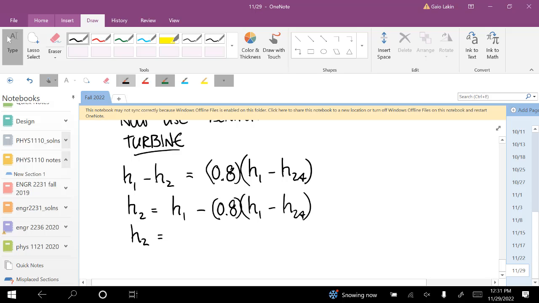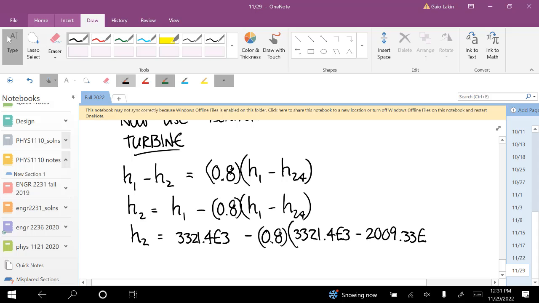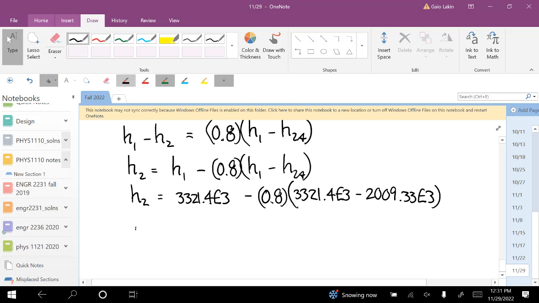So H2 is equal to 3321.4 times 10 to the third minus 0.8 times the quantity 3321.4 times 10 to the third minus 2009.33 times 10 to the third. And you get that true enthalpy at state 2 is equal to 2271.7 times 10 to the third.